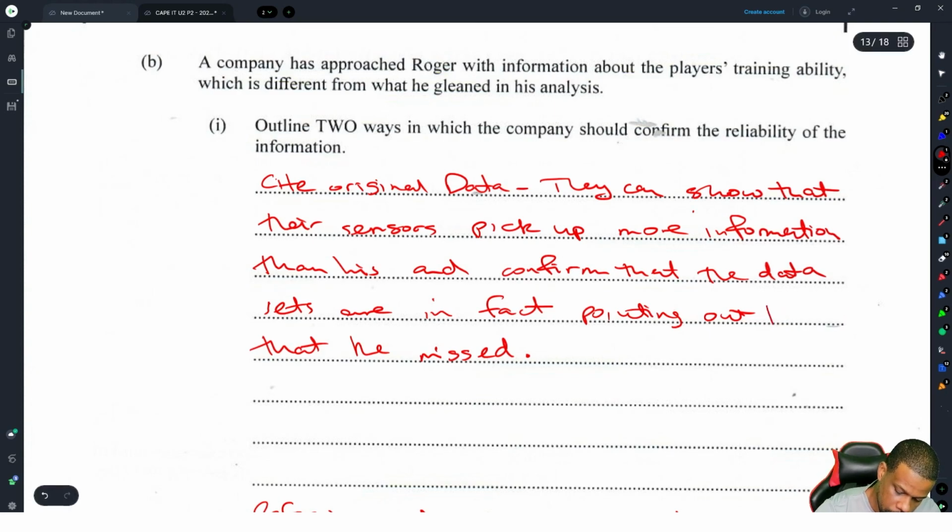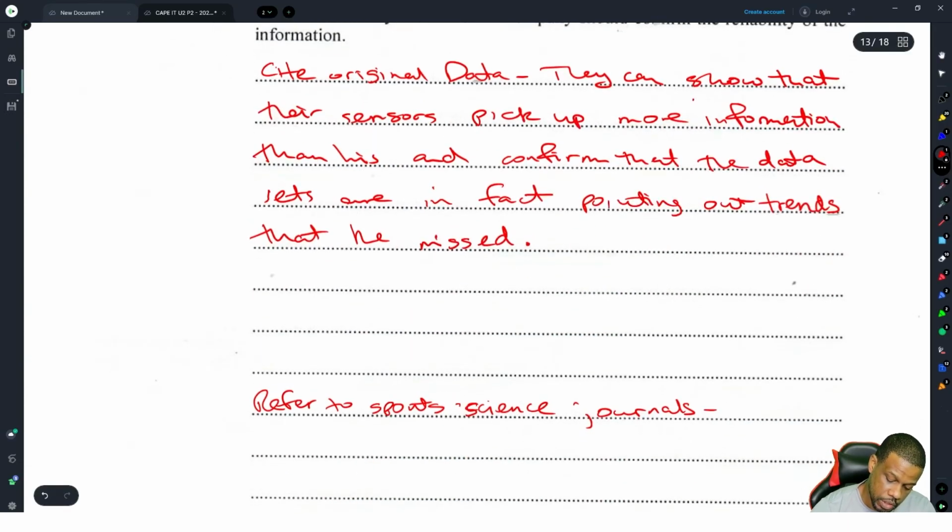Yeah, pointing out trends that he missed.